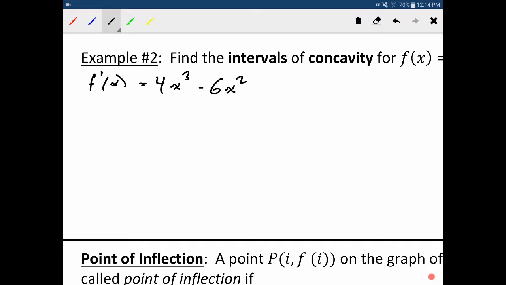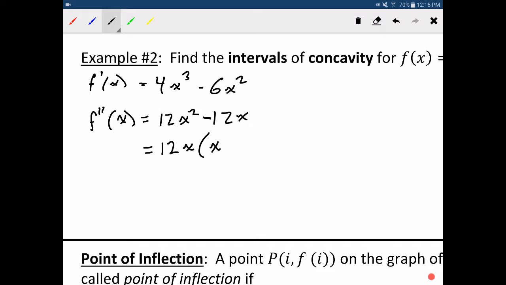That's our first derivative. Then we do our second derivative, and we get 12x squared minus 12x. Now I'm going to factor out a 12x, and I'm left with x minus 1.